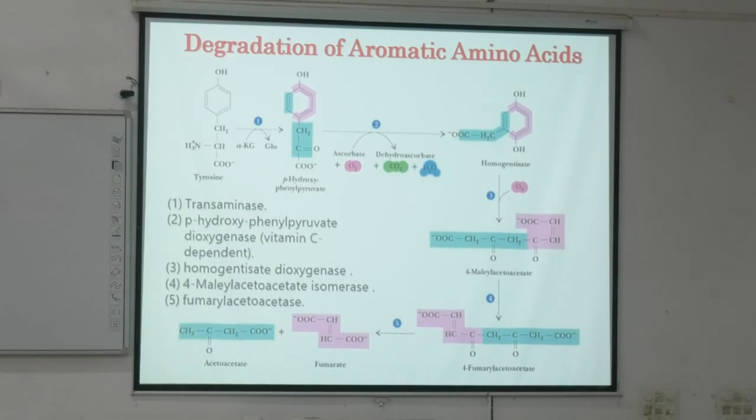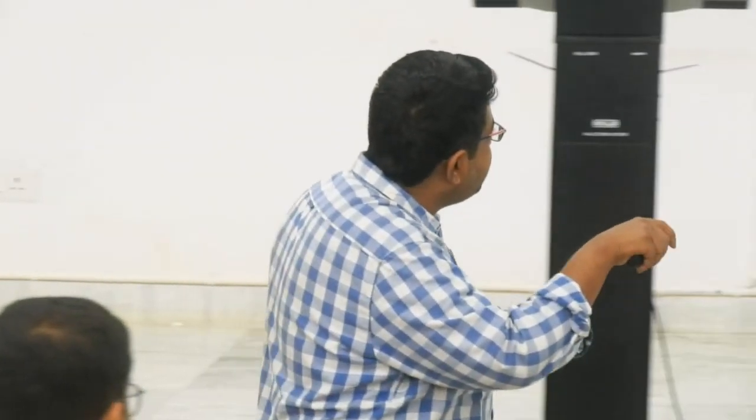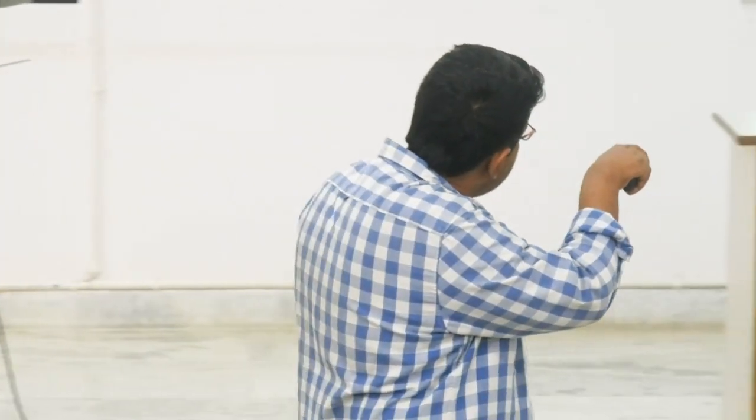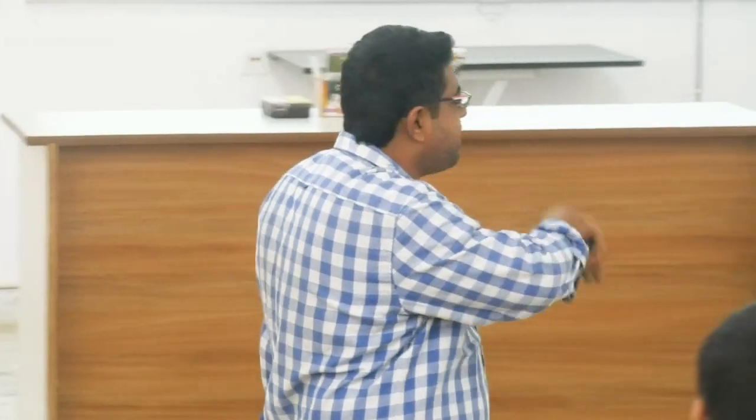So this is basically a pyruvate, and due to the hydroxyl group present, it is hydroxyphenyl pyruvate. Because the amino group has been taken out with the help of transamination, so easy. This alpha ketoglutarate took out the ammonium group to form hydroxyphenyl pyruvate.